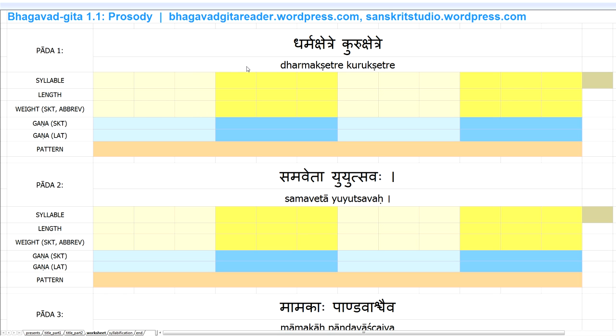And what do we have here? How do we do it? Well, we see here that there is an initial consonant, d, and there is a vowel, and there is a following group of consonants.